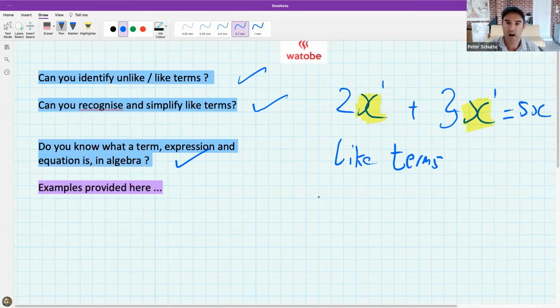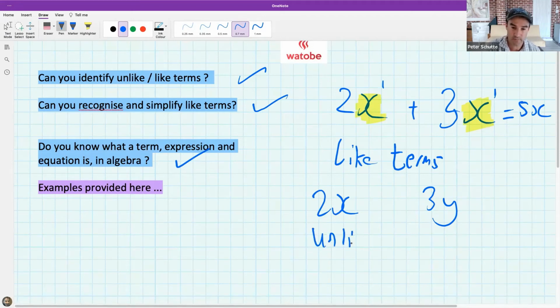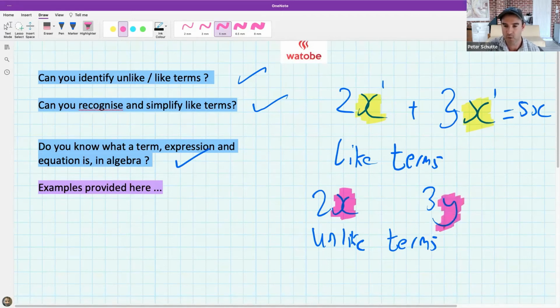that will give me 5x. However, if I said to you, are 2x and 3y like terms? I would tell you they're actually not like terms. These are unlike terms. The reason they're unlike terms is that the variable names are different. This term has a variable x, and this term has a variable y.